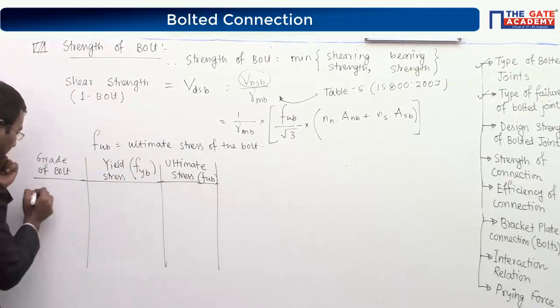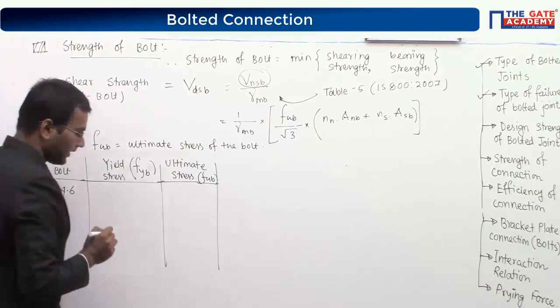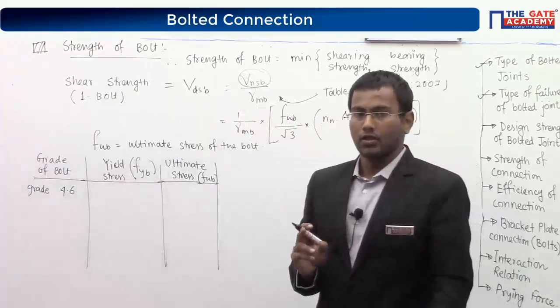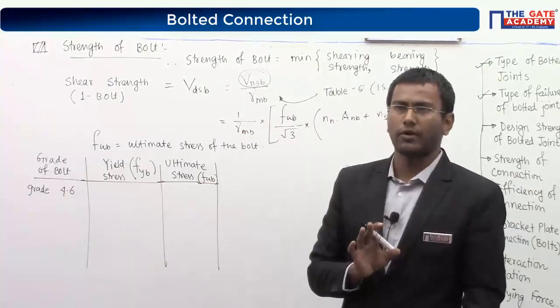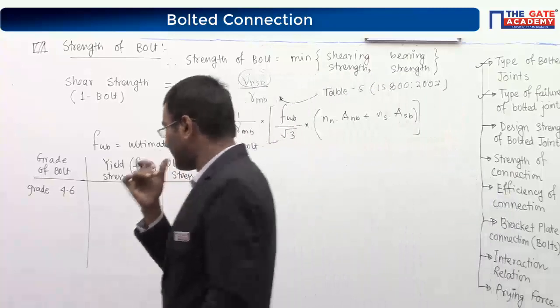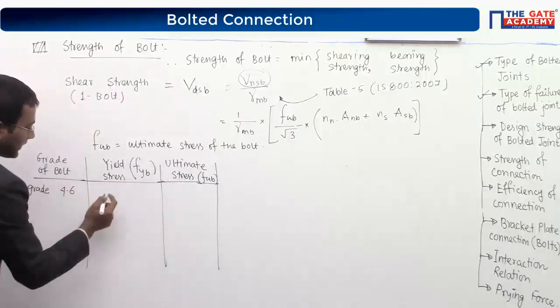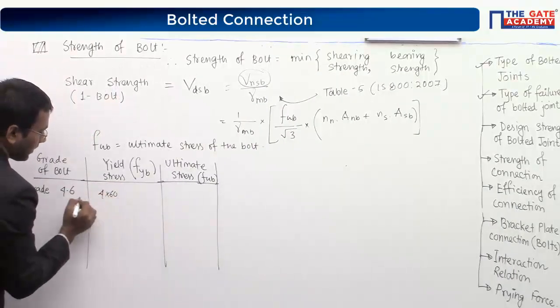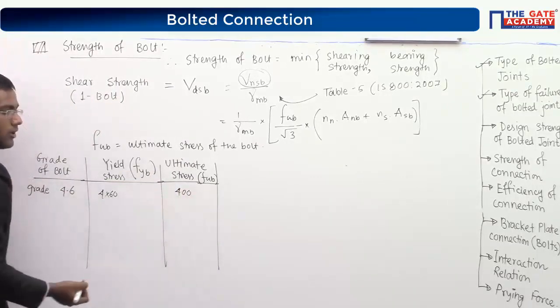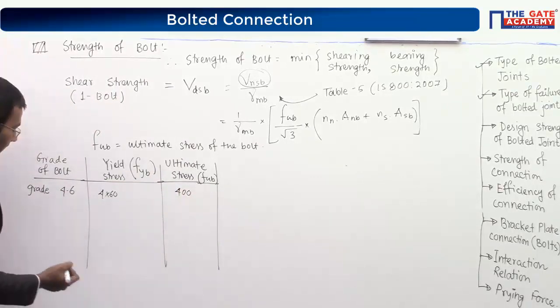First one, grade 4.6. Generally in modern construction, minimum which is used is 4.6. We do not use 3.6 bolts nowadays. 3.6 is also there, but it is not used right now. So 4.6 yield stress, very simple, 4 into 60, but here you have to remember the value 400. This is in megapascal or Newton per square millimeter.